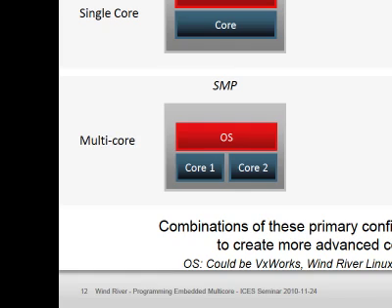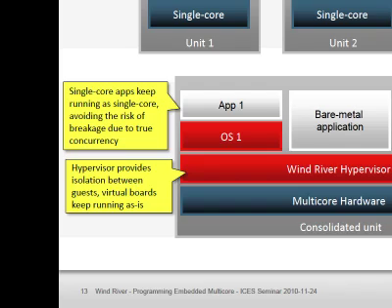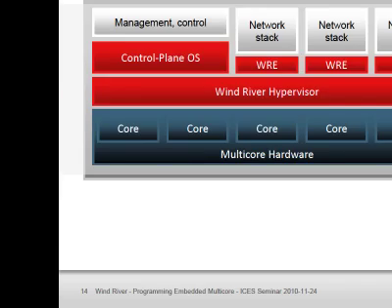One could be Linux, one could be Windows. So with this hypervisor, you can have a very complex system where you have different cores running different operating systems, and on top of the operating systems, you run different applications. So debugging and tracing get even more complex.